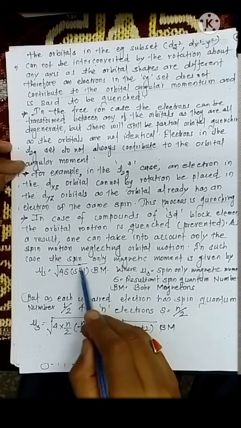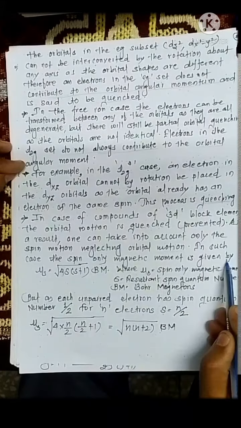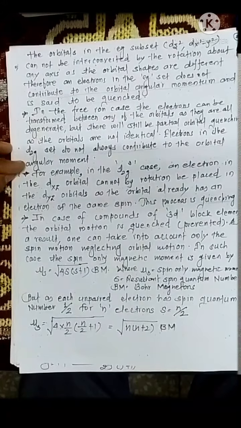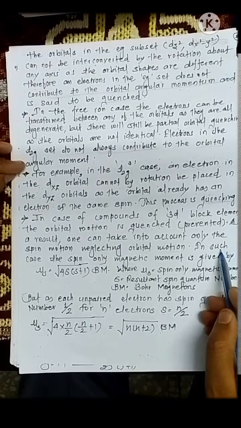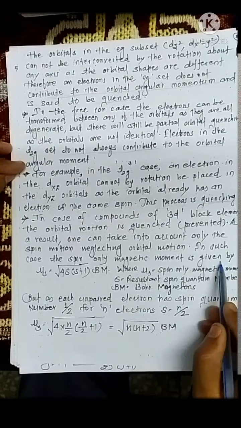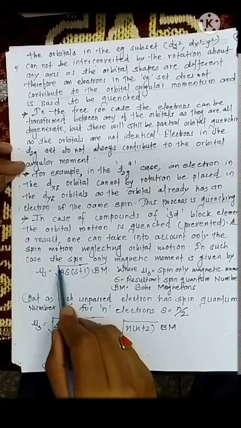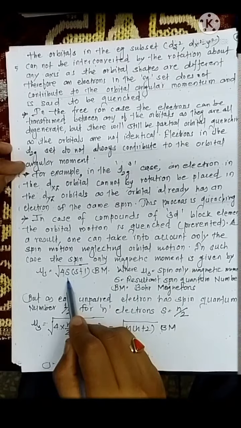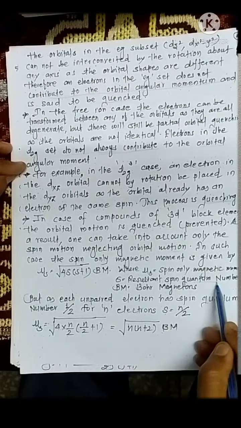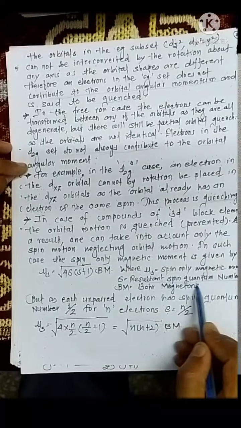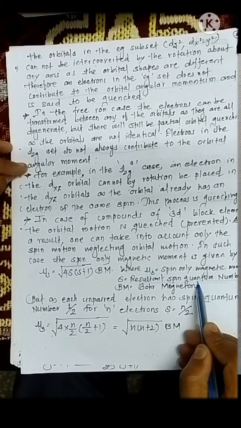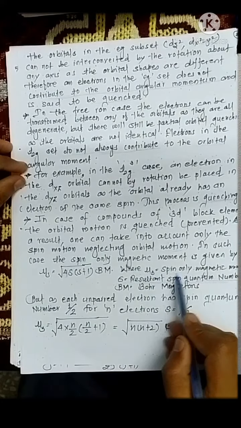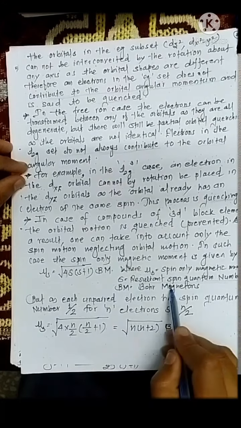In such cases, the spin-only magnetic moment, that is mu s, is equal to under root of 4S into bracket S plus 1 BM, where S is the resultant spin quantum number. It is important. S is the resultant spin quantum number. It is not a simple spin, it is the resultant spin. And mu s is the spin-only magnetic moment. BM is Bohr magneton.